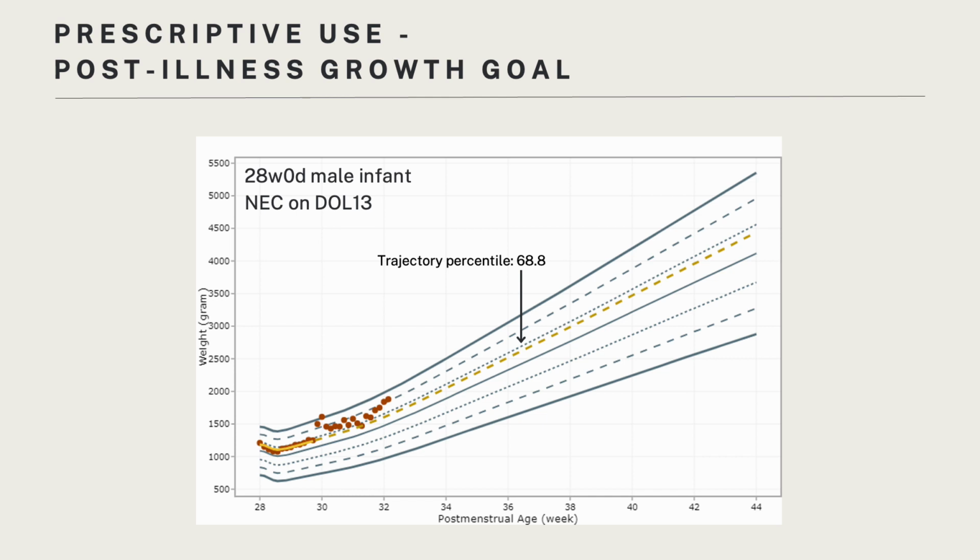If we use the weight data points before NEC to calculate the trajectory percentile, we can see that a lot of the fluctuated weights are fluid weights. And we can also set expectations for how growth should proceed after the infant recovers from the acute illness. And this is another example of the prescriptive use of the postnatal growth charts.